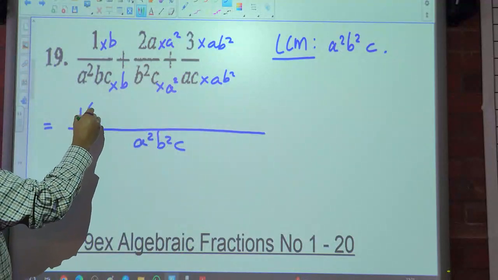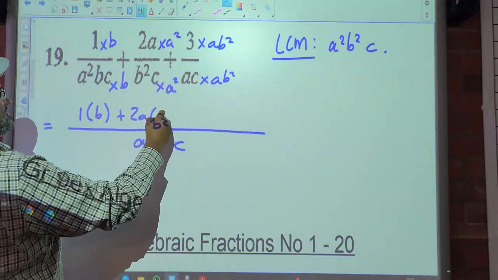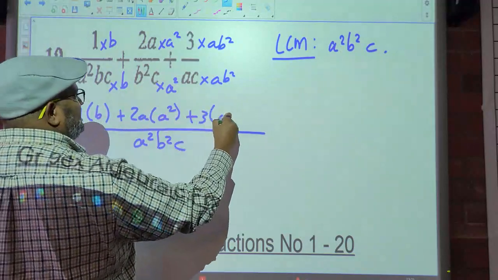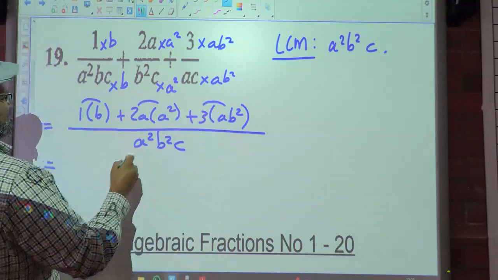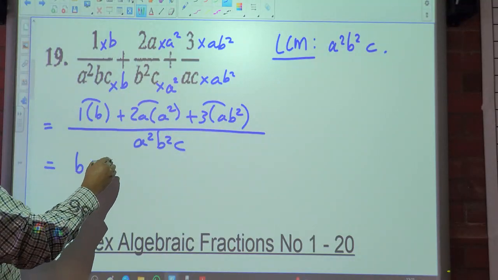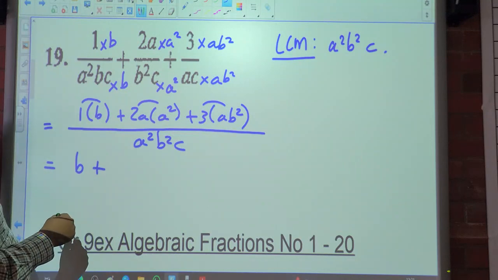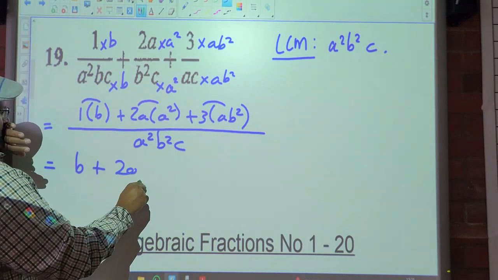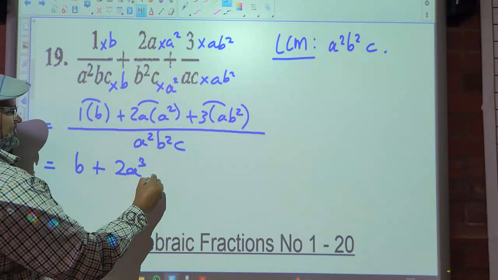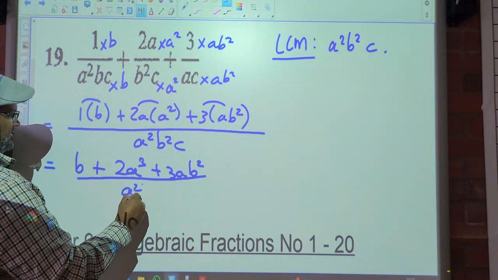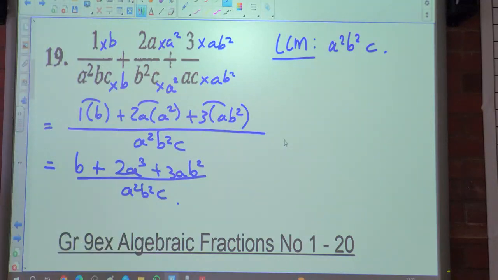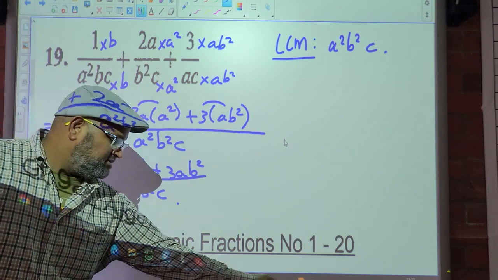So again, it's 1 times b plus 2a times a squared plus 3 into ab squared. Get rid of the brackets: b plus 2a cubed plus 3ab squared, all over a squared b squared. Any confusion there? Is that correct?